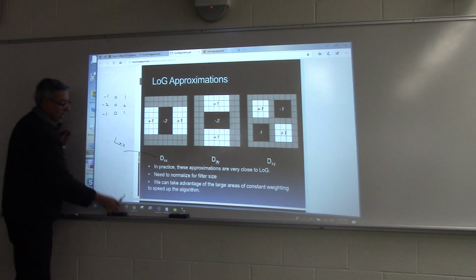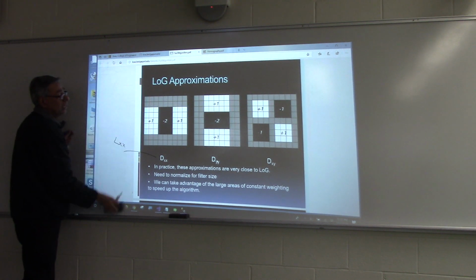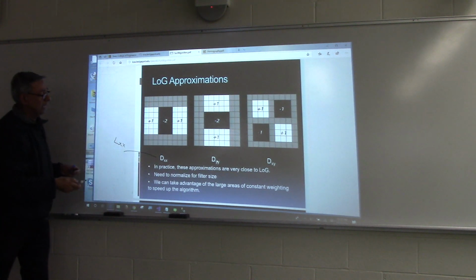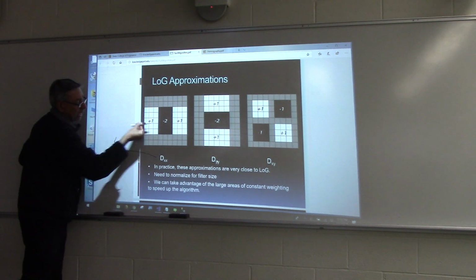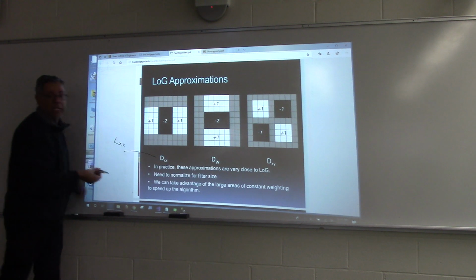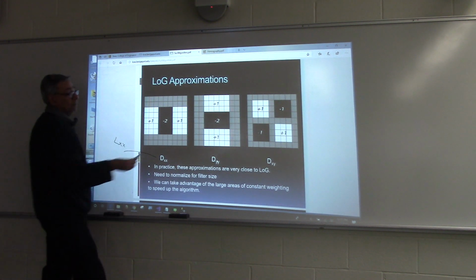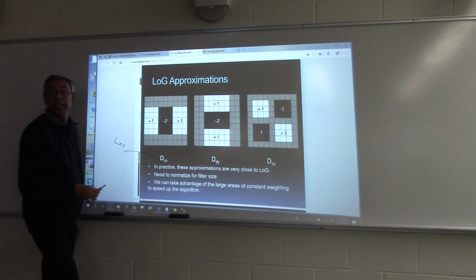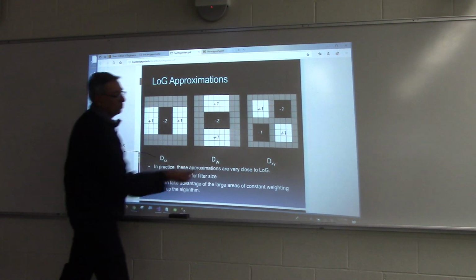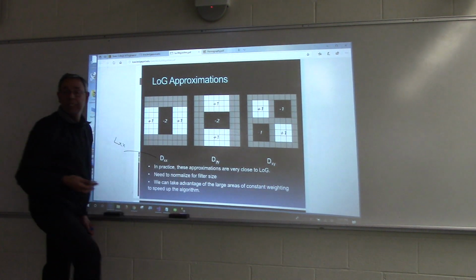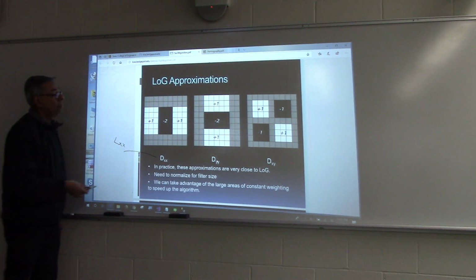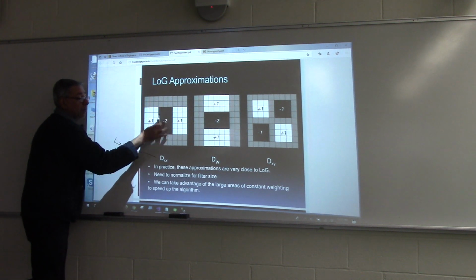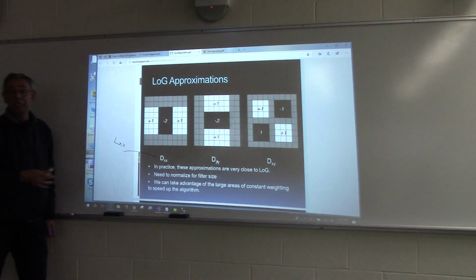Intuitively it makes sense that it's going to enhance the gradient in the x direction, and also in the y direction, and very similarly Dxy and Dyx.